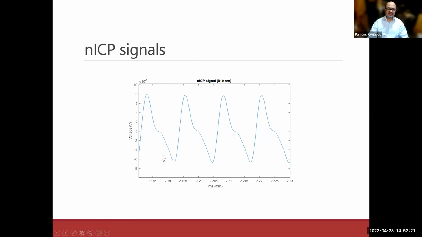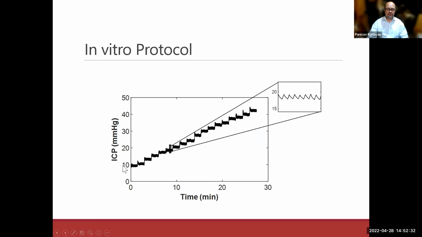And here we can see we managed to reproduce the intracranial pressure signal coming from the phantom. And then we have been raising the ICP within the phantom from 10 millimeters of mercury all the way to extremely critical ICP values.